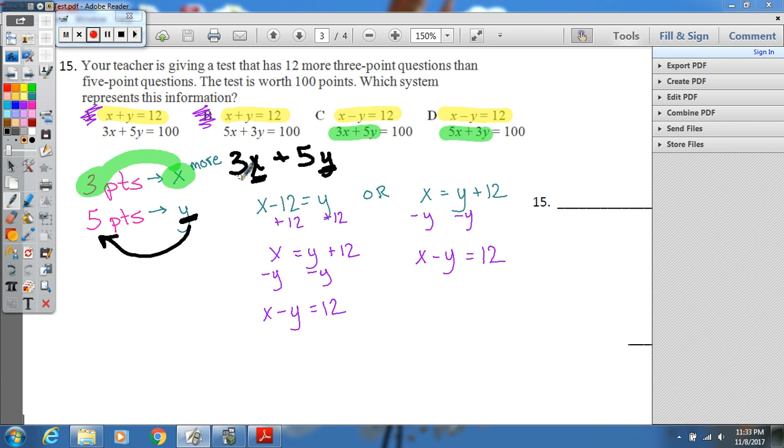And guys, since I'm dealing with 3 points times X plus 5 points times Y, it's going to be equal to the 100 points that's on that test. So guys, is that the equation in letter C or letter D? You got it. The answer is letter C for that one.